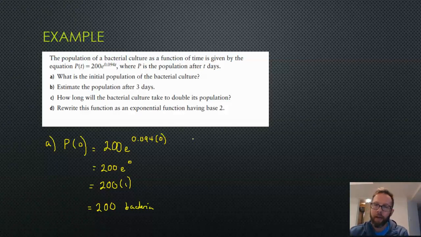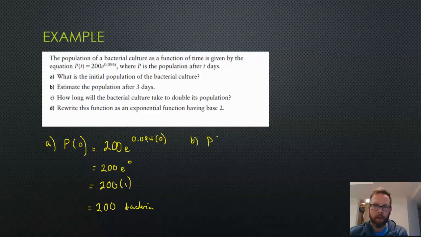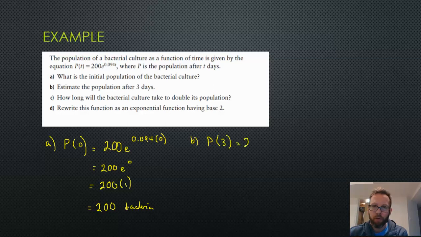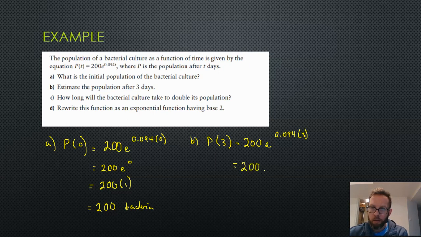Why don't you try that for part B? Part B, you're just evaluating this population function after 3 days. So 200 times e to the power of 0.094 times 3. I showed you where your e button is, so we should be able to do that. Some of you will be able to do this all in one step.